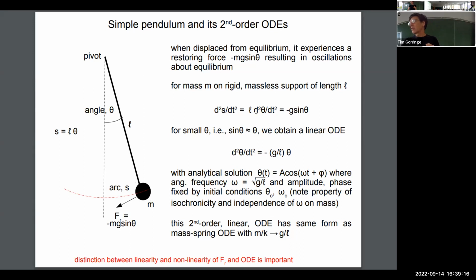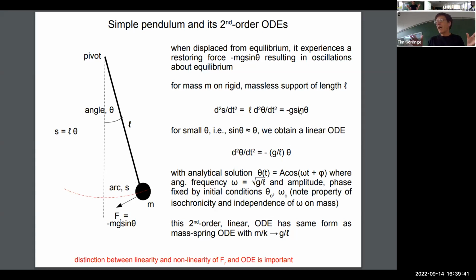And in this equation here, I've cancelled out the mass in the force of gravity and in Newton's second law. So this is the differential equation you get by just directly substituting the restoring force into Newton's second law of motion.